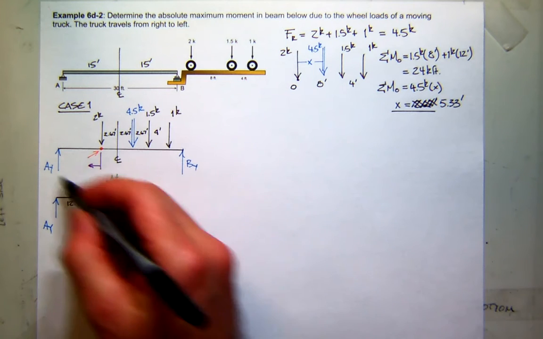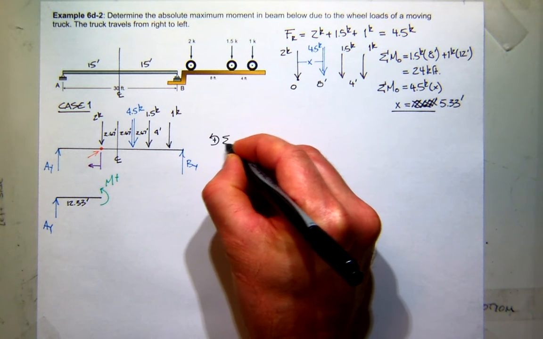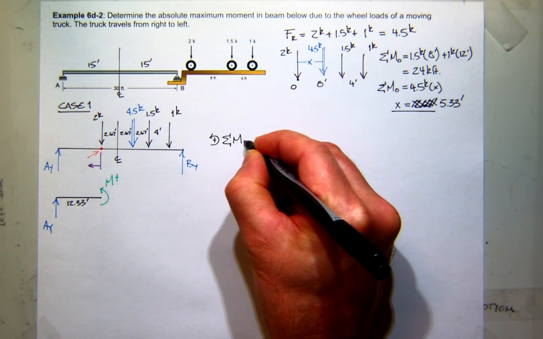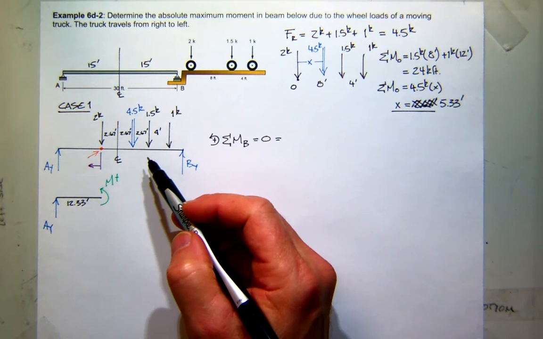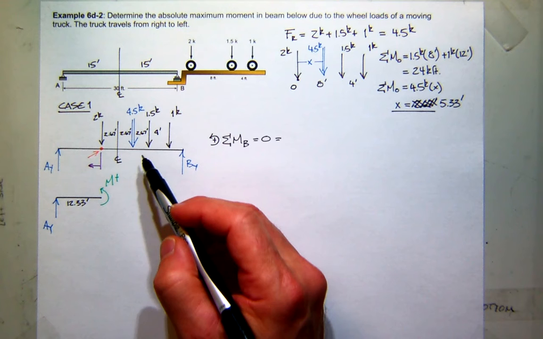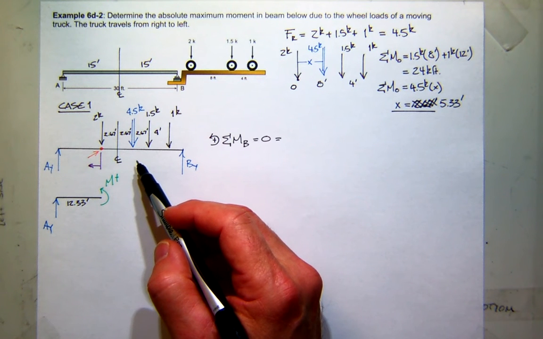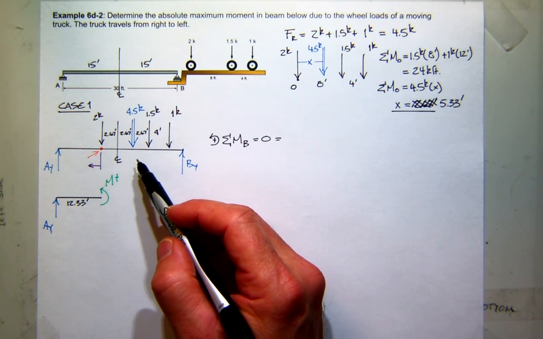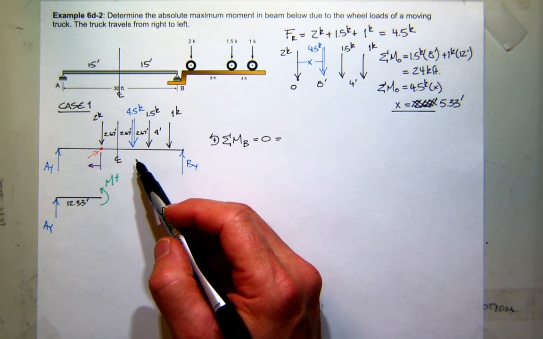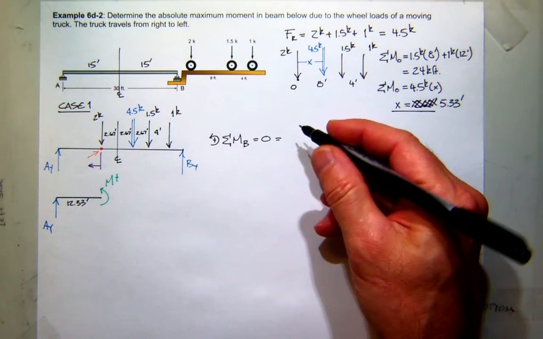So if I want to find AY, I'll sum moments at B and set it equal to 0. Now when looking at this set, you can see there's even a bigger advantage to just using the resultant force and not all the forces. And remember the word is and not, right? Resultant force or. So let's use the resultant force.